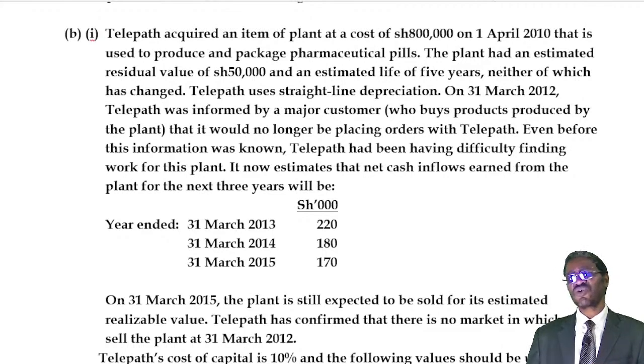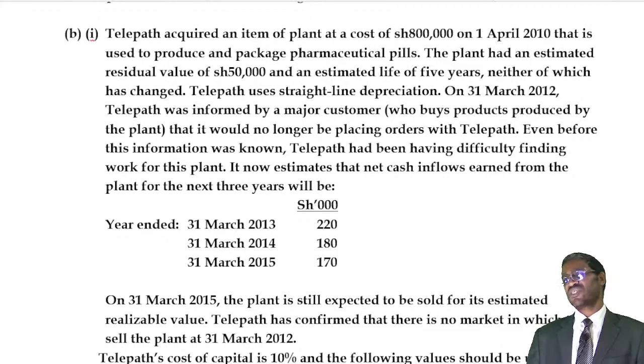On 31st of March 2012, Telpath was informed by a major customer who buys products produced by the plant that it would no longer be placing orders with Telpath. Even before this information was known, Telpath had been having difficulty finding work for this plant.